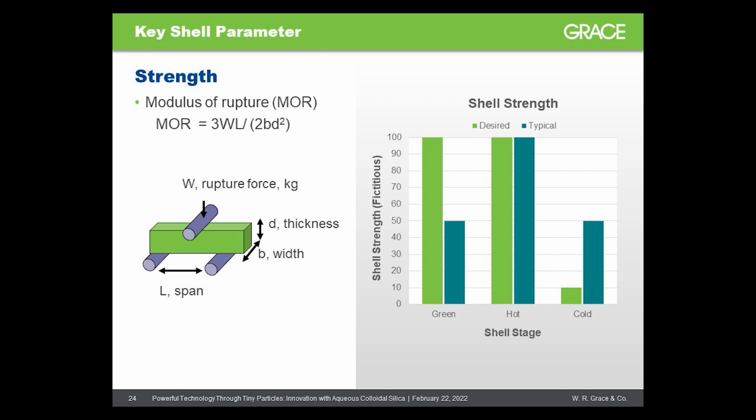Ideally, the green and fired strengths should be very high, while the shells should be easily fractured and removed after the metal is poured into the cast. Typically, it is difficult to achieve high green strength, but optimum strength after the ceramic is consolidated can be achieved by optimization of the binder and refractory system.